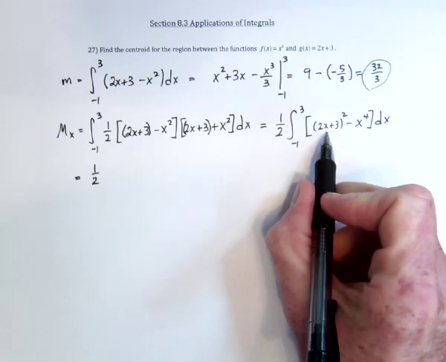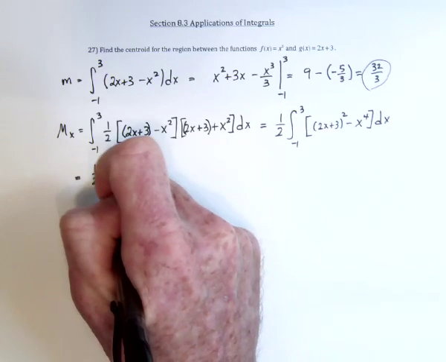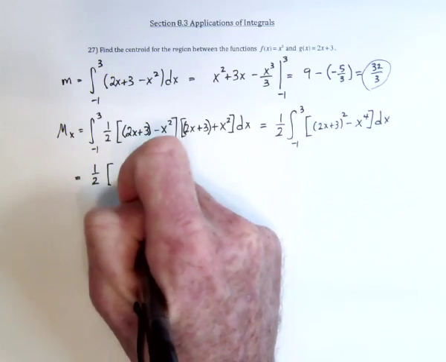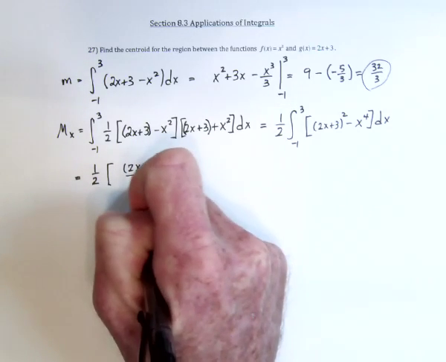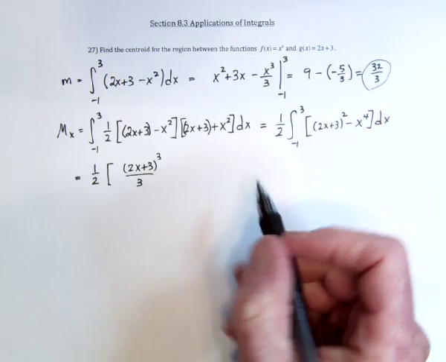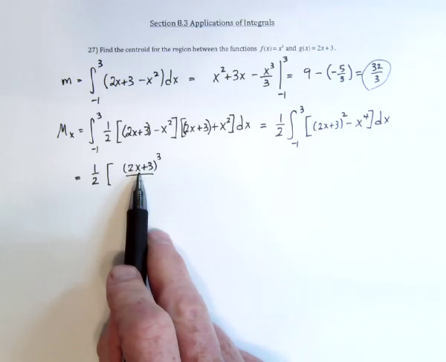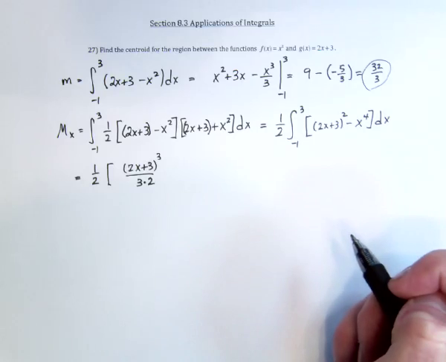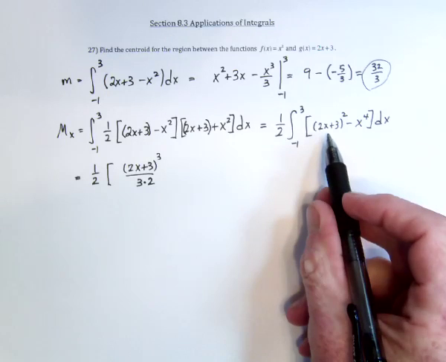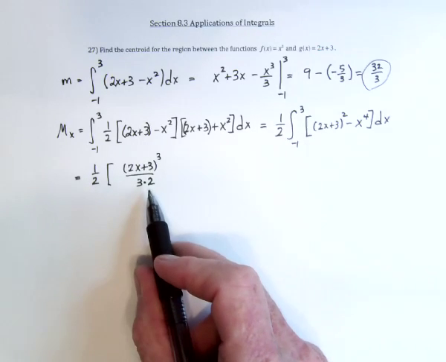So this one is going to be 2x plus 3 cubed over 3. But don't forget, this one would have the chain rule, with the derivative of the inside being 2, so we need to divide by 2. Or if you don't like that idea, go back here and use U substitution, and it will do the same thing for you.